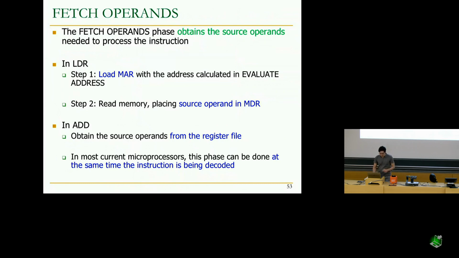For example, in some current microprocessors, like MIPS, this phase for the addition instruction can be done at the same time that the instruction is decoded. So there are different ways of optimizing the data path, but the basic functionality represented by these 6 stages or phases exists in every microprocessor.